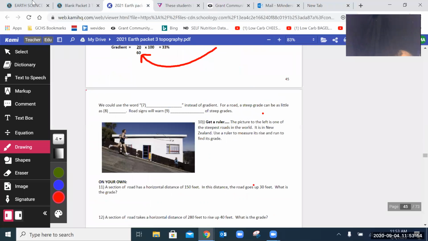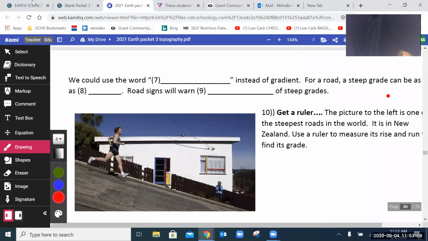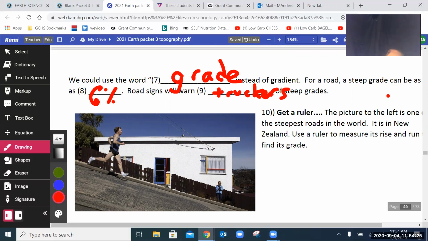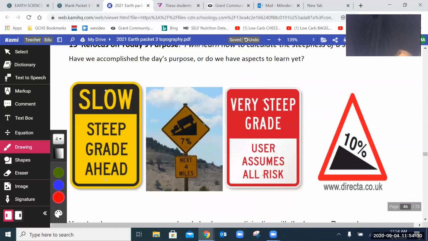Okay, moving on. We could use the word grade instead of gradient. For a road, a steep grade can be as low as 6%, 7%, somewhere right around there. Road signs will warn truckers of steep grades, and you'll see some pictures of those kinds of signs down here.